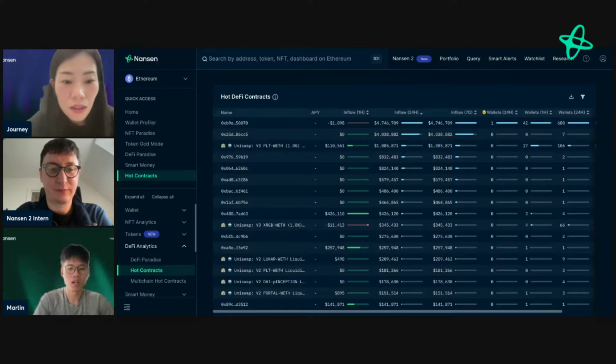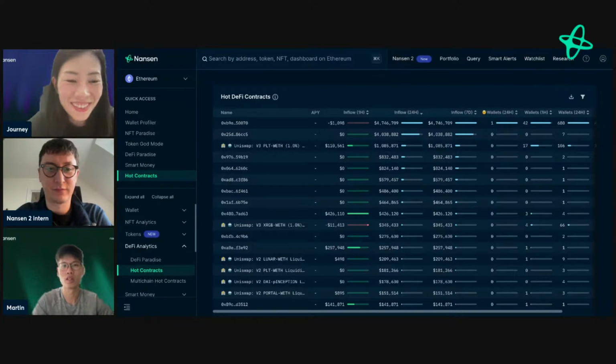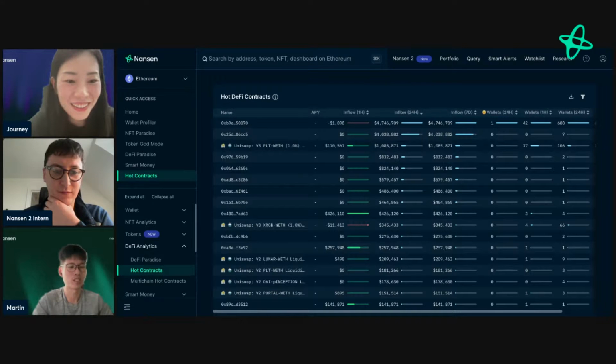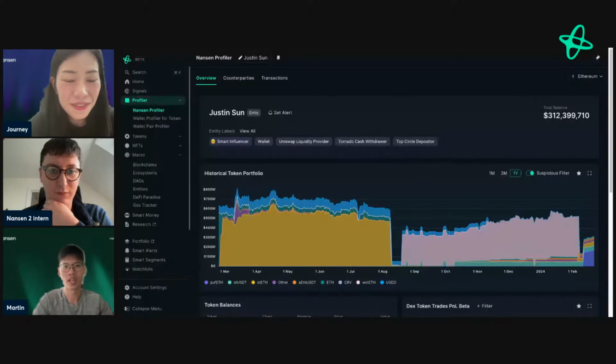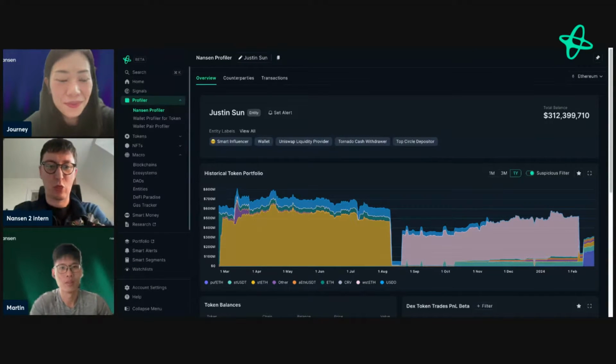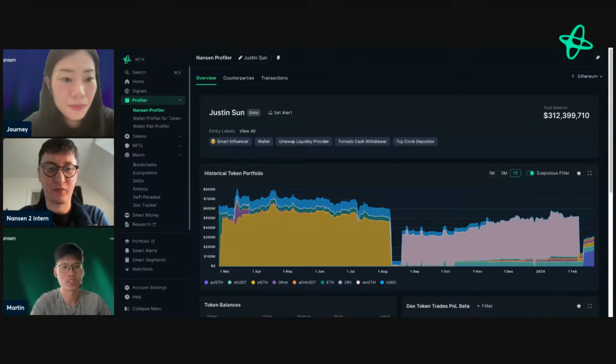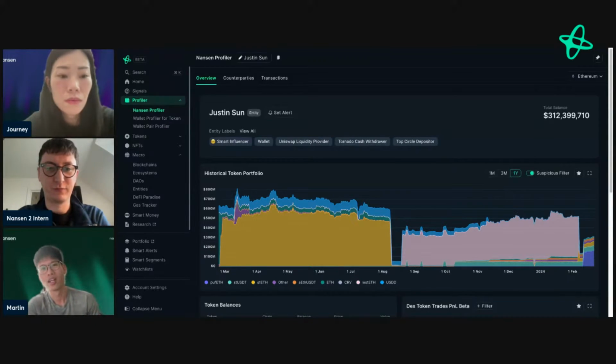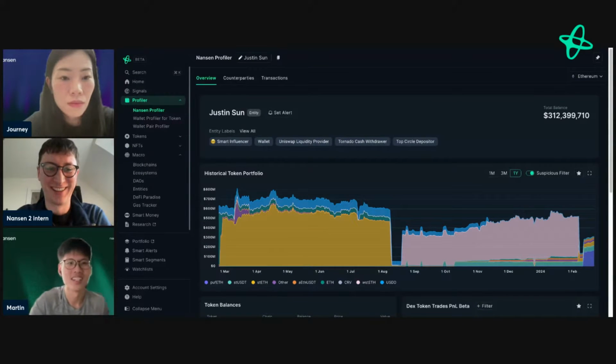Yeah. I think I'll just give a quick shout out. So far we've basically covered tokens and specific individual addresses. But you can also set alerts on entities that we have labeled. Entities basically mean large exchanges, institutions, funds, and also prominent individuals like Justin Sun.